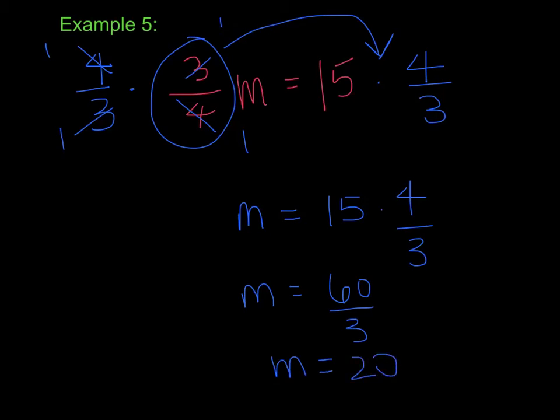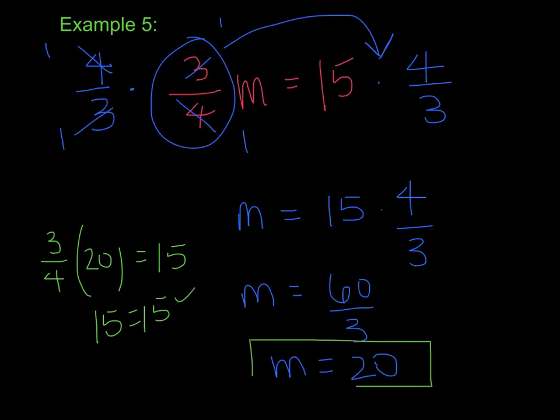You can check yourself by doing 3/4 times 20 equals 15. 20 times 3 is 60, divided by 4 is 15. So we in fact are right. m equals 20. So remember, if you have a fraction in there and you multiply by its reciprocal, that will eliminate it.